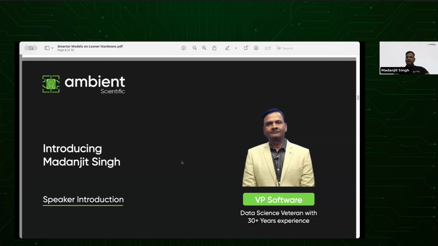We'll start with an overview of edge AI, discussing resource constraints and the motivation behind model optimization. Then we'll dive into the practical techniques, these are very common techniques like pruning, clustering, knowledge distillation, QAT, quantization aware training, or post-training quantization.